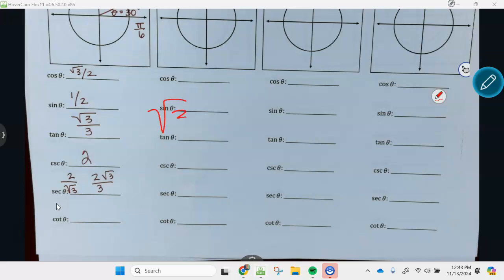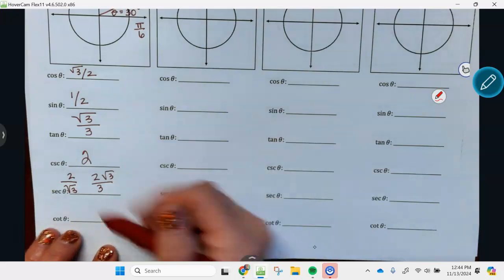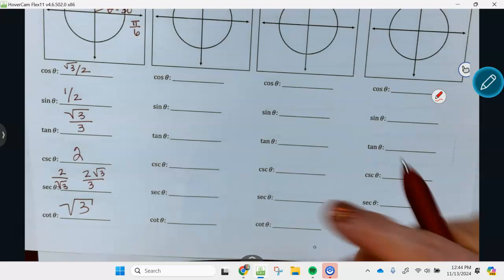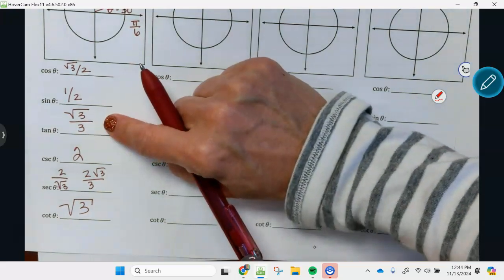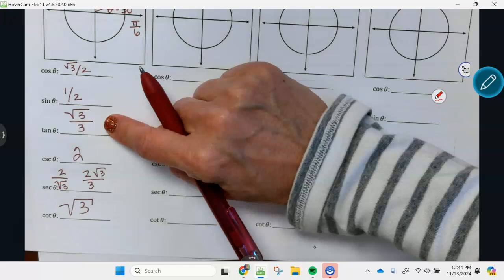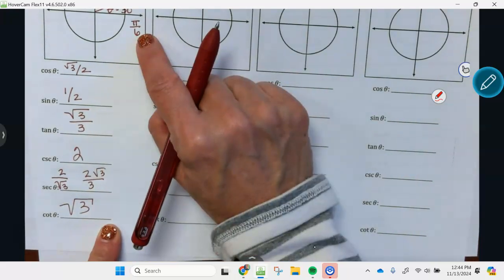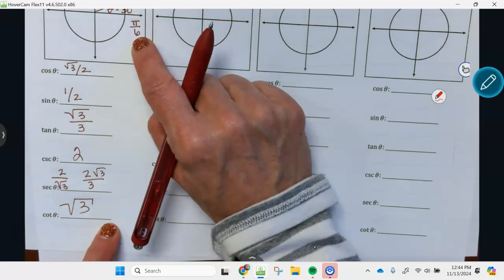So x divided by y. What's the answer? √3, that's right. Write that down. √3. And that's never going to change. If tangent is √3/3, cotangent is always just √3. So those are always the things for the denominator of radians of 6.